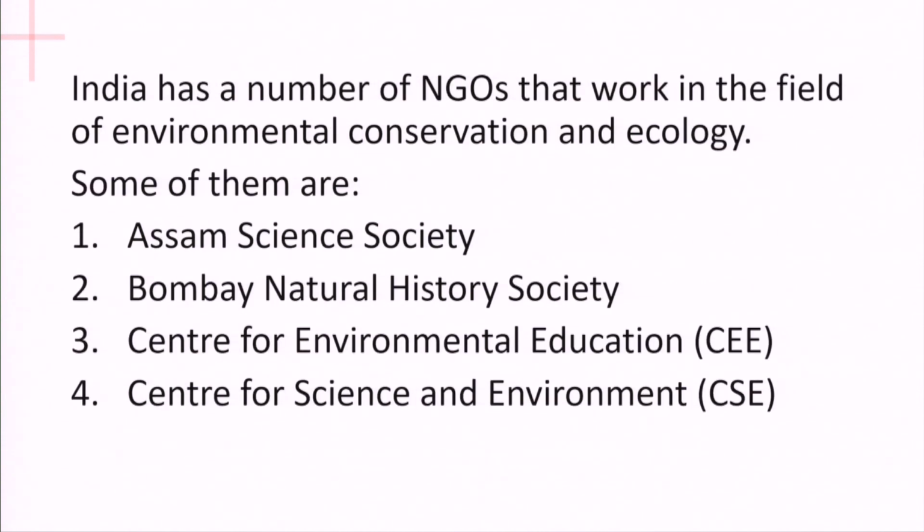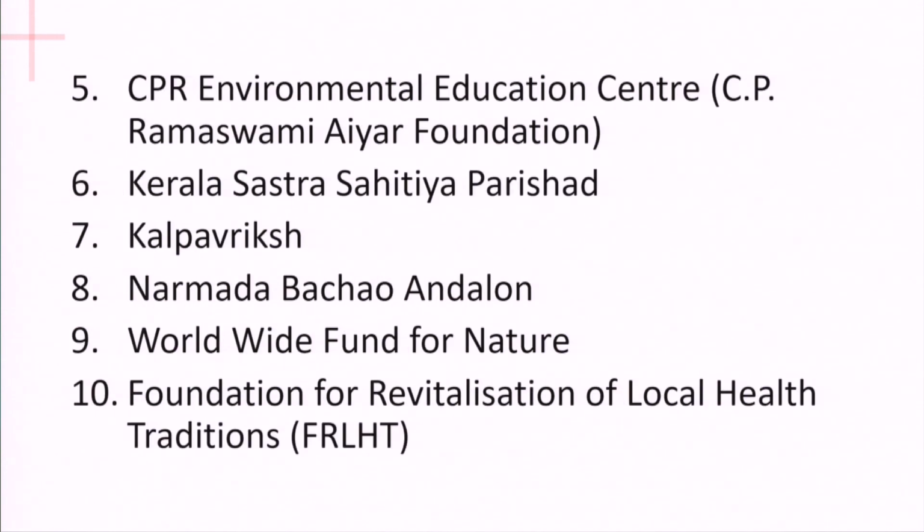India has a number of NGOs that work in the field of environmental conservation and ecology. Some of them are the Assam Science Society, Bombay Natural History Society, Centre for Environmental Education, Centre for Science and Environment, the CPR, which is the C.P. Ramaswami Aiyar Foundation, which works on environmental education.